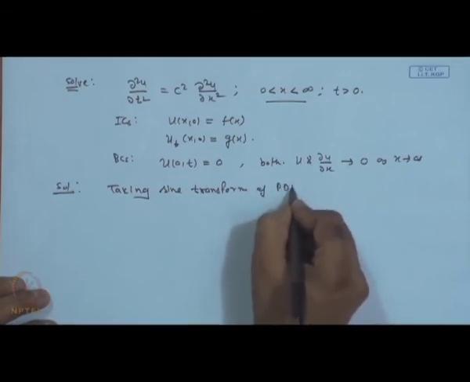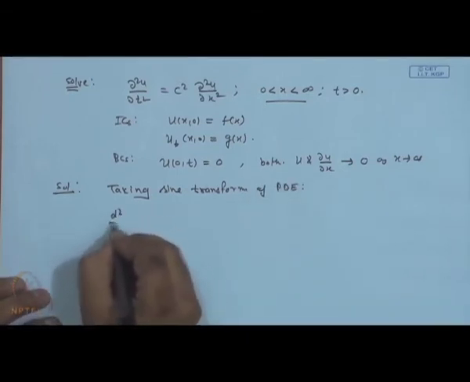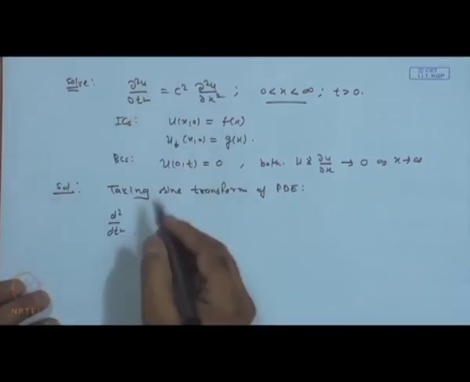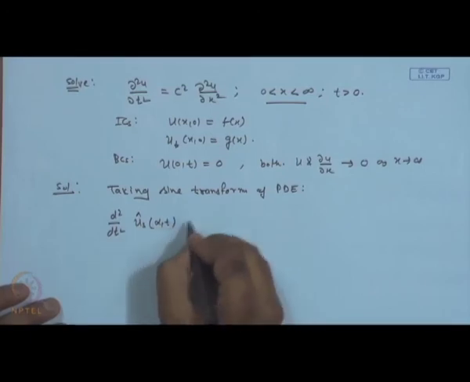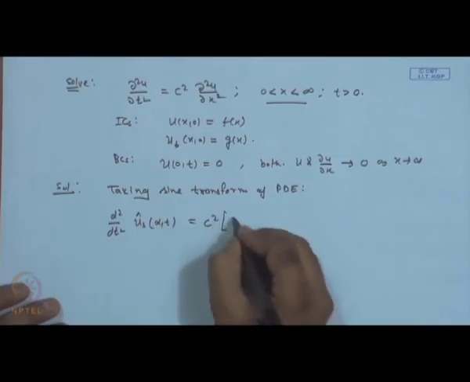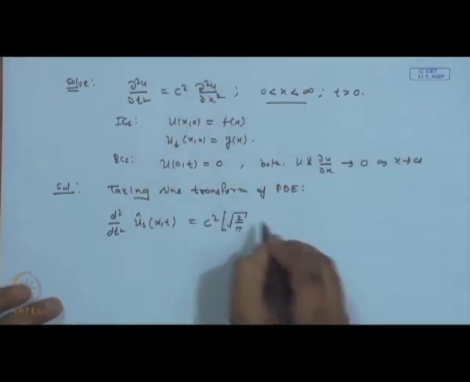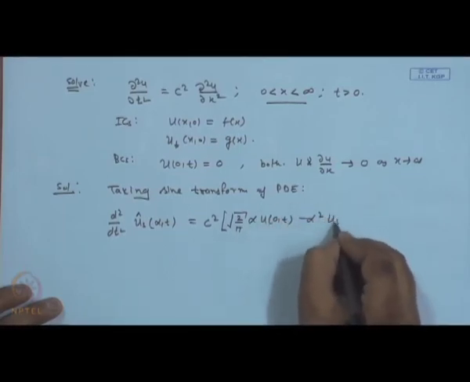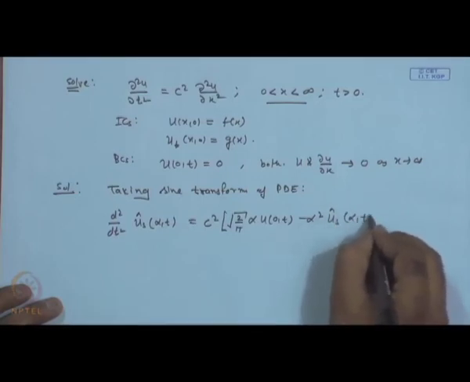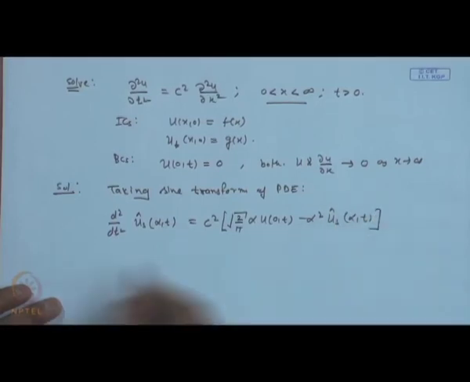So, taking the sine transform of the PDE, we get d2 over dt square of the sine transform of u, which we will denote by u_s hat(alpha, t), equals c square, and then by the derivative theorem we have square root 2 over pi alpha u(0,t) minus alpha square u_s hat(alpha, t).